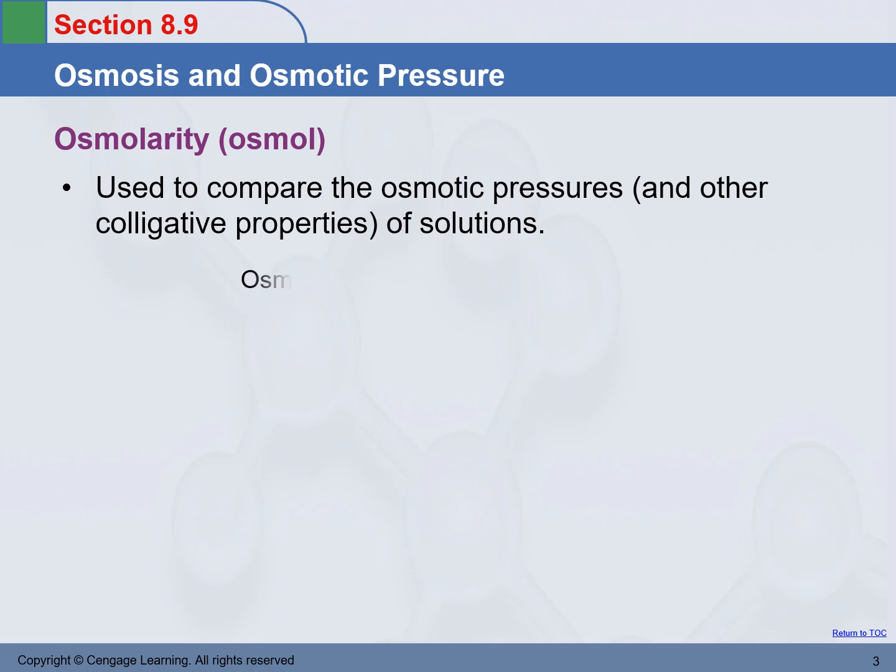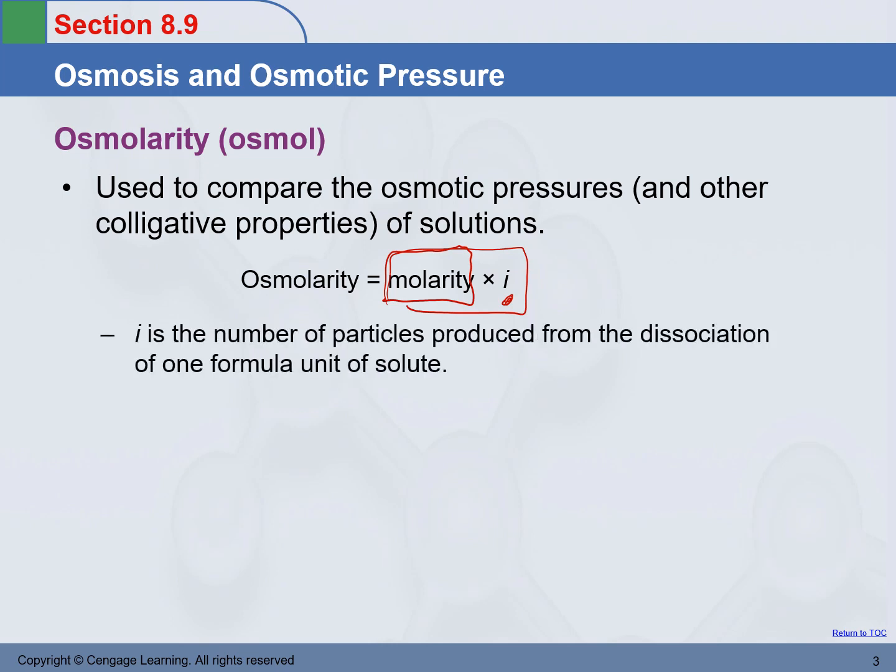What is that? Osmolarity equals molarity, the concentration of the solute, times i. We did this actually in the last episode, but we didn't mention osmolarity before. So what is i? i is the number of particles produced from the dissociation of one formula unit of the solute.